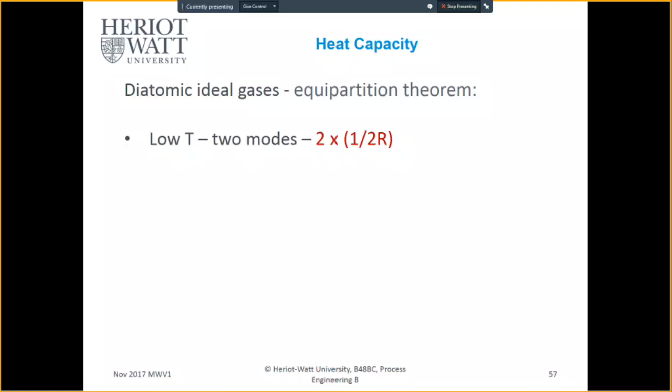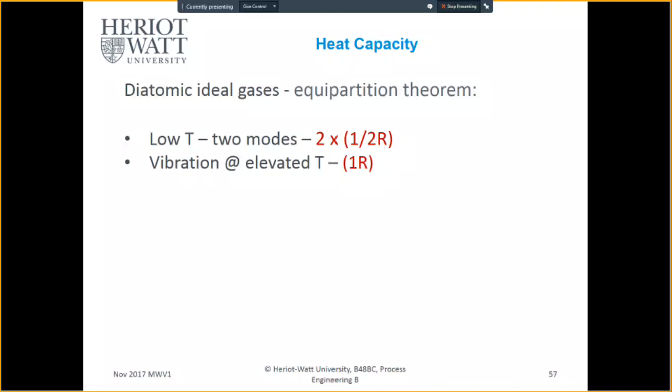For diatomic ideal gases, the equipartition theorem applies. So for low temperatures, there are two modes of rotation. So imagine you have two particles, and there's only two ways they can rotate, clockwise or anti-clockwise, in one plane, and you have the X, Y, Z planes as well. It comes from quantum mechanics, but just remember you have 2 times 1 over 2 R. And at higher temperatures, you also have vibration.